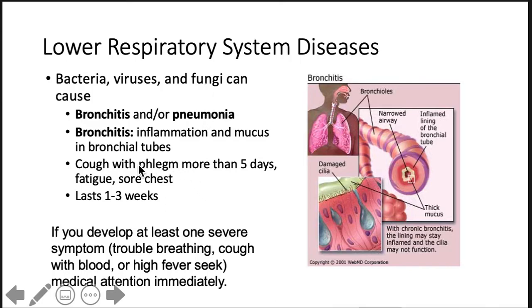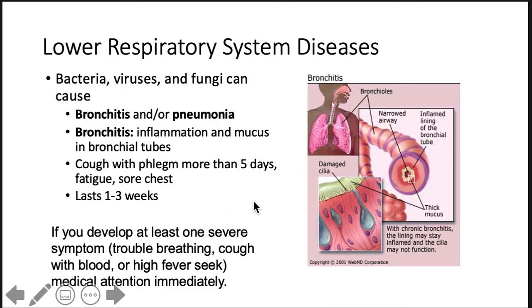So with bronchitis, typically you'll have a cough with phlegm. So you cough up phlegm, you have a wet cough, and it will last for more than 5 days. You'll typically have a sore chest and be very tired. And the entire illness can last several weeks.